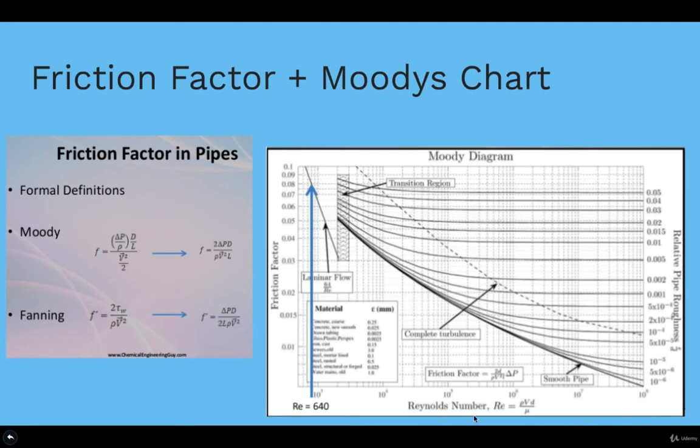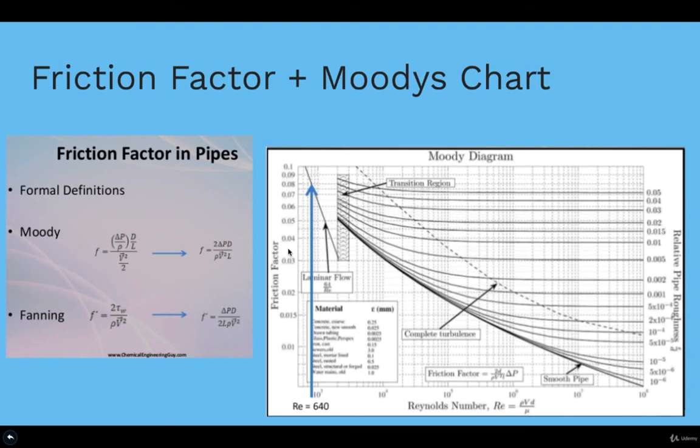And one important part right here is the Reynolds number, which maybe you will say is counterintuitive because Reynolds number relates directly with velocity. Now, as velocity increases, the friction factor decreases drastically. And maybe you will say, well, if we have high velocities, that implies high friction losses.